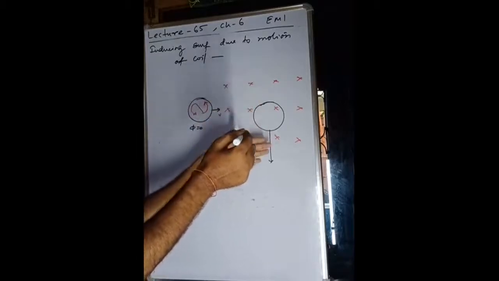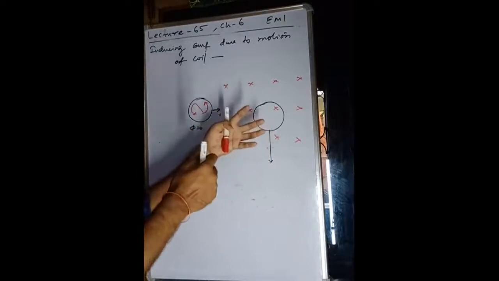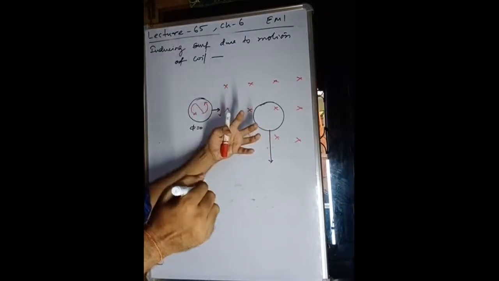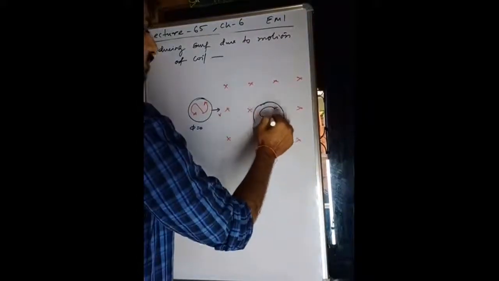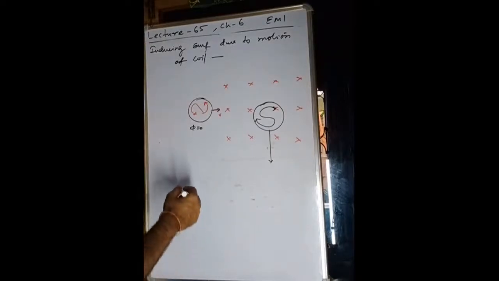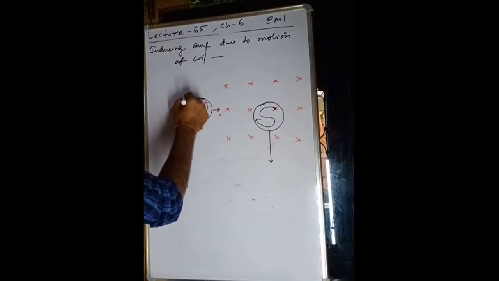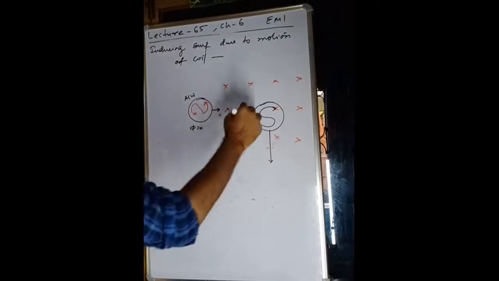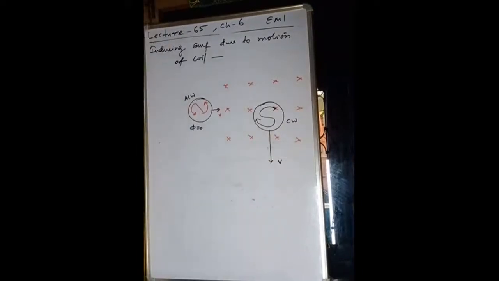Exactly, it is decreasing. It means we are keeping this north pole away from the coil. If the north pole is going away from the coil, it will appear as a south pole. Now this will be the direction; earlier I said anti-clockwise, no? Yes, this will be the clockwise direction. Be sure, this is the clockwise direction.